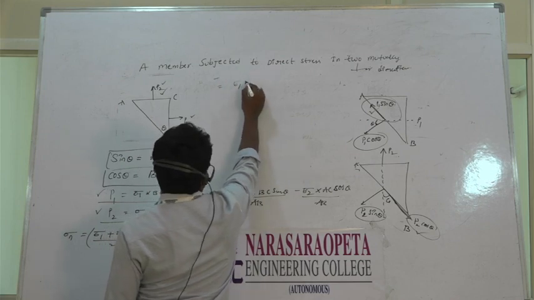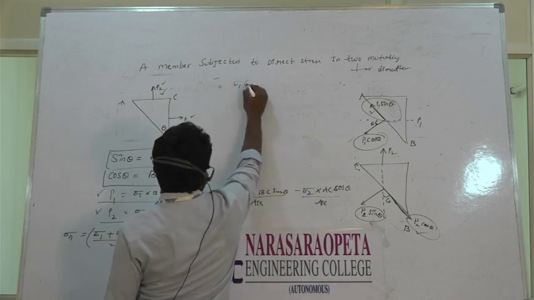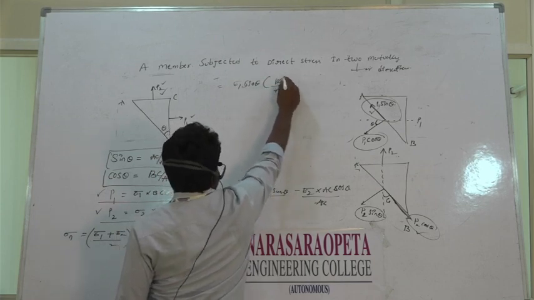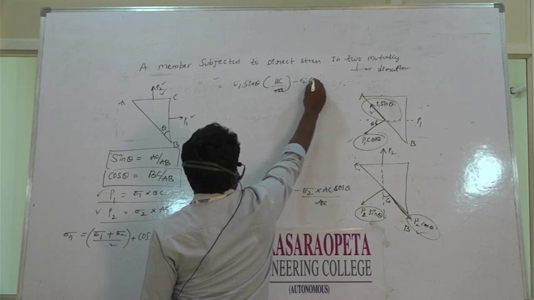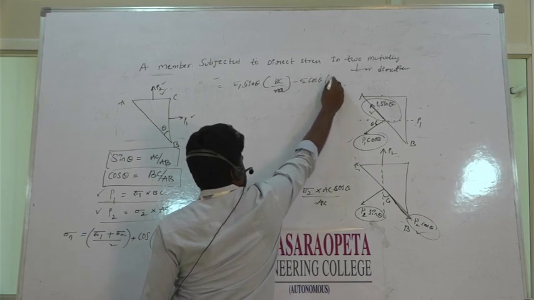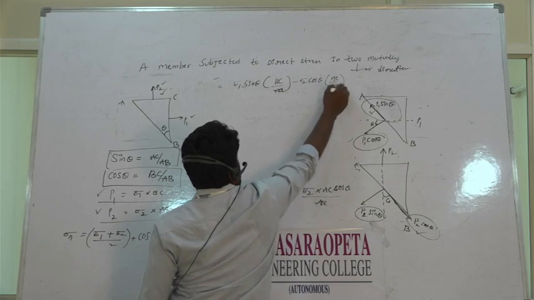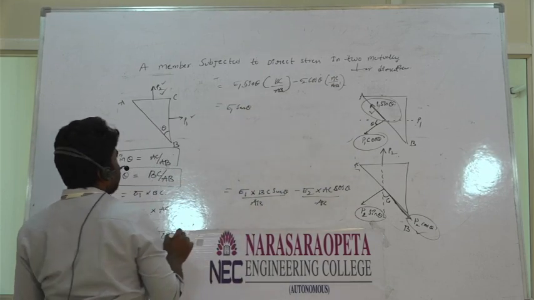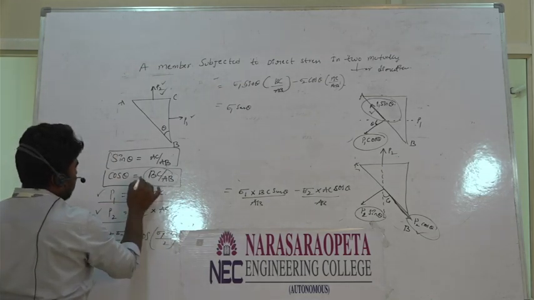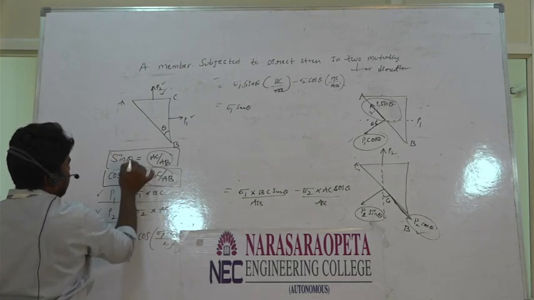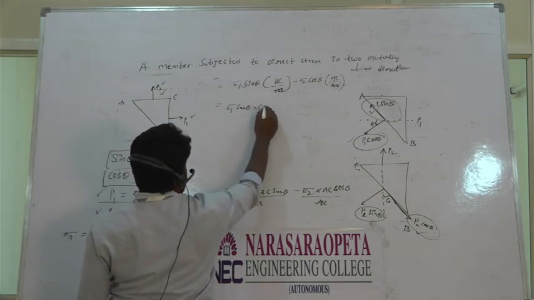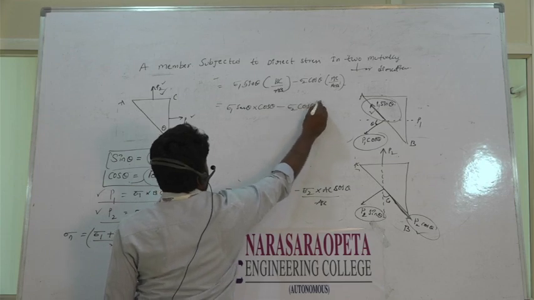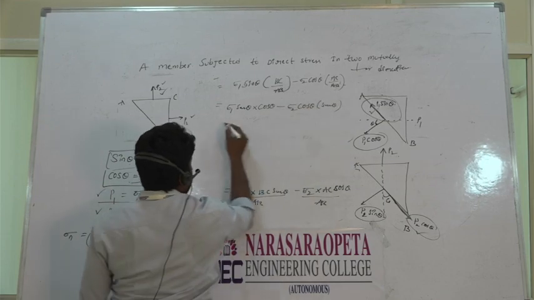Sigma 1 sin theta BC by AB, minus sigma 2 cos theta AC by AB. BC by AB means cos theta, and AC by AB means sin theta. So here it is cos theta, and sigma 2 cos theta into sin theta.